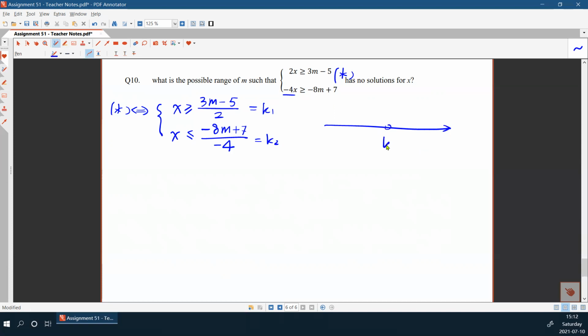Should be here or here to make no solution for x.